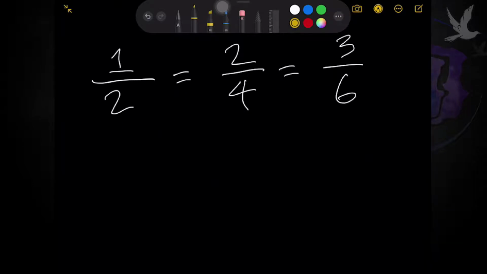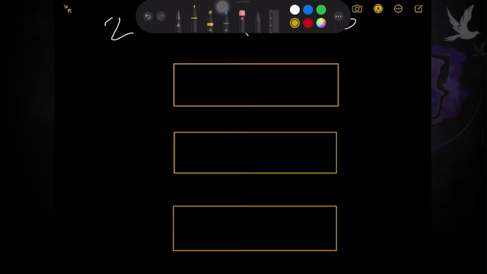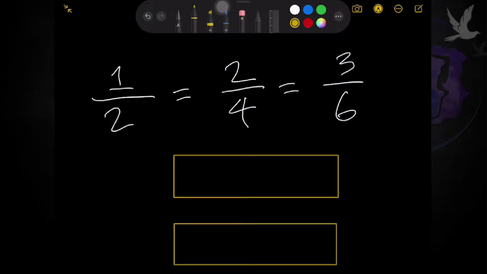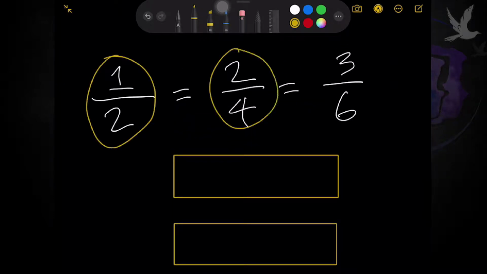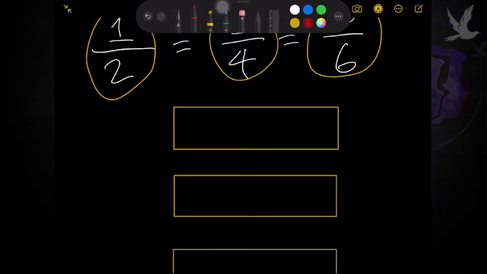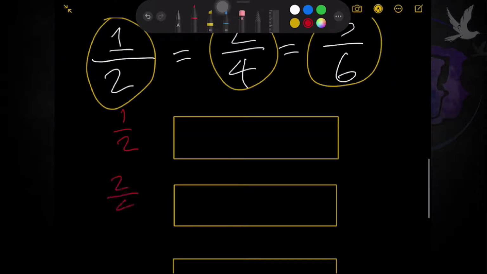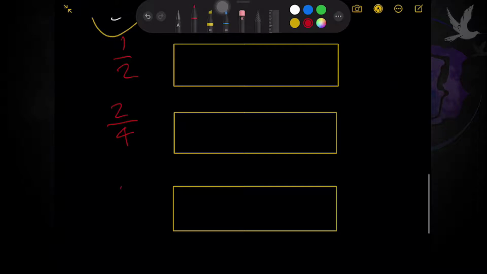I'll try to draw 3 equal rectangles, just to show you. Here we now have 3 units for our 3 fractions: 1/2, 2 over 4, and 3 over 6. We will take this fraction for 1 over 2, this fraction for 2 over 4, and this fraction for 3 over 6.